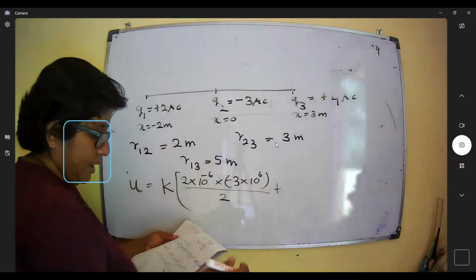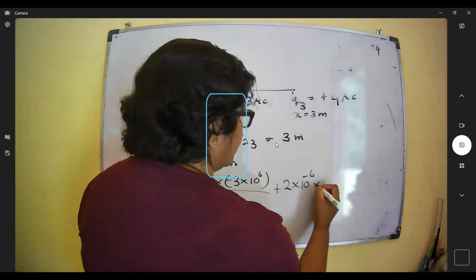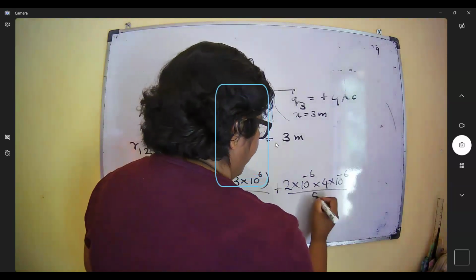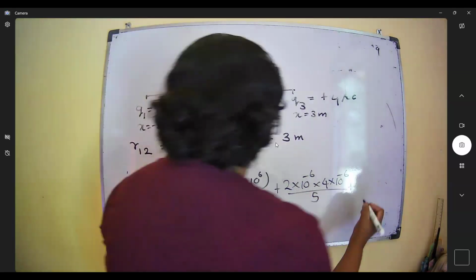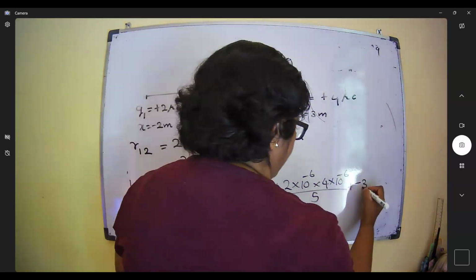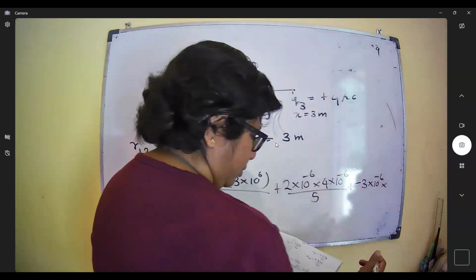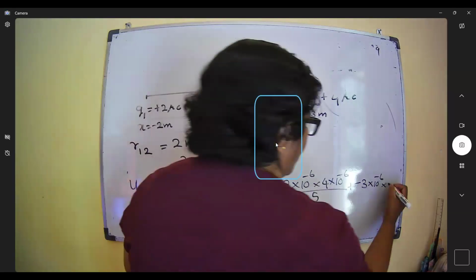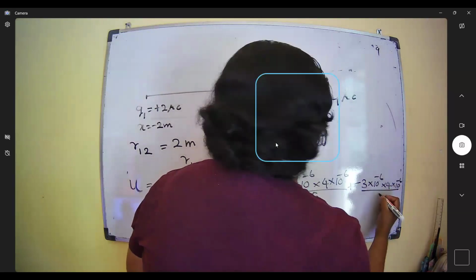Between 1 and 3, we can write 2 times 10 to the minus 6 into 4 times 10 to the minus 6, divided by 5, not 5 squared, 5. And the other one, 2 and 3, also with a minus sign: minus 3 times 10 to the minus 6 into 4 times 10 to the minus 6, divided by the distance 3.